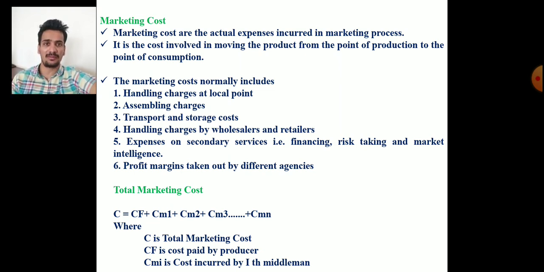We just sum all the costs incurred by CF, the farmer, CM1, the first middleman, and CM2, the second middleman. Likewise, you can calculate the total marketing cost of that particular marketing channel.